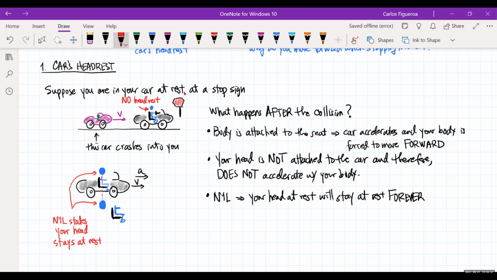So what you're seeing here is this. Eventually, your neck must apply a net force to your head. And in this process, look what happens to your neck. It gets stretched. The neck gets stretched.